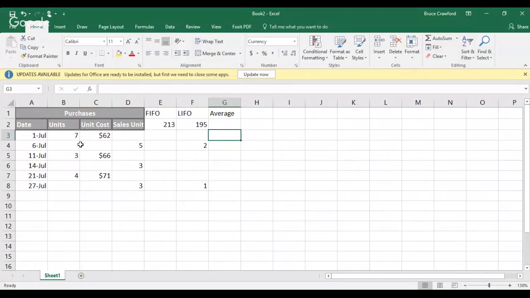So these first 7 units have an average cost of $62 because they're the only ones that have been purchased so far, right? So I'm just going to make that note here. And the remainder is 2. So we'll just go through and do this first. So the remainder is 2 here.